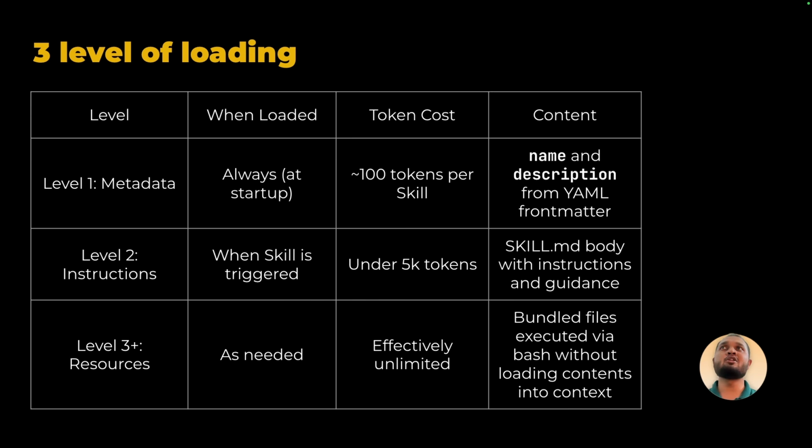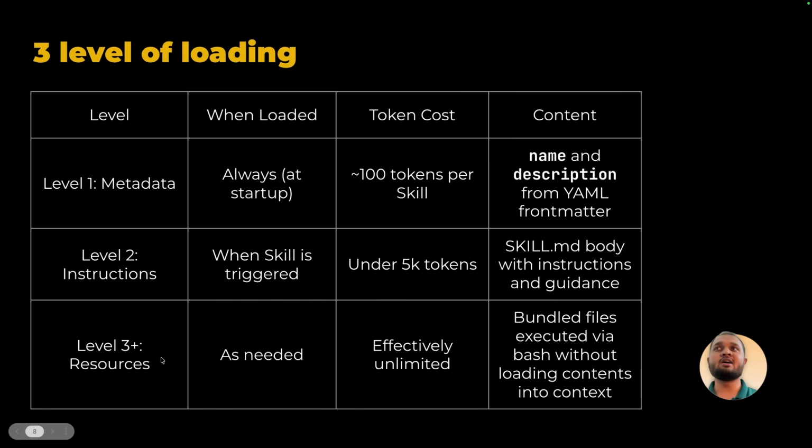There are three content types which we just saw: metadata, instructions, and resources. Metadata will always be loaded at startup, and metadata is just the name and the description, so it will be around just 100 tokens. Coming to the instructions, whenever that skill is triggered, whenever the agent sees in the description that this skill is required now, only then will all the instructions of that skill.md file be loaded into the context, and that will be roughly around 5k tokens.